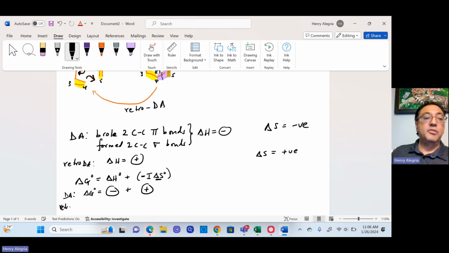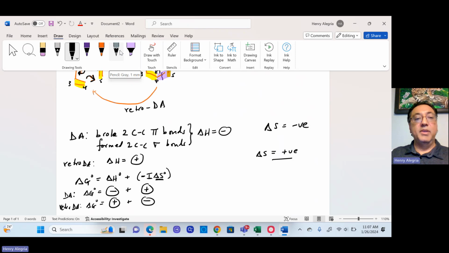In the retro Diels-Alder, what will the delta G be? In the retro Diels-Alder, the delta H is positive, and my delta S is positive, that means a positive delta S times a positive temperature times a -1 will end up being negative. Now remember, high temperatures favor entropy, low to moderate temperatures favor enthalpy.